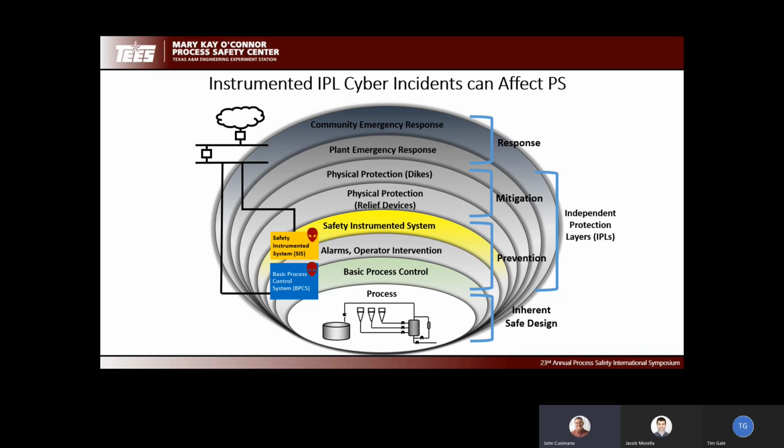Those plant networks are often connected to the business network, and the business networks are connected to the internet. So modern control and safety systems, particularly where they might be integrated, can be subject to cyber compromise that could impact one or more independent layers of protection at the same time.